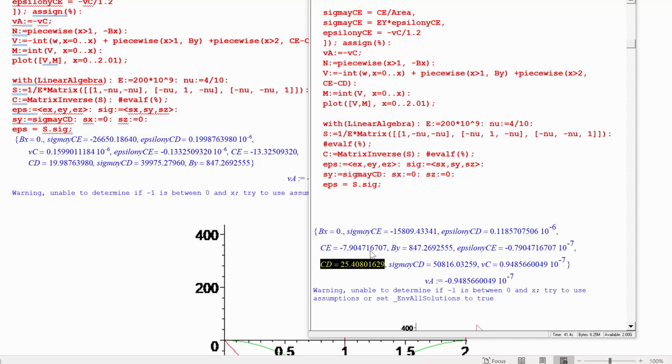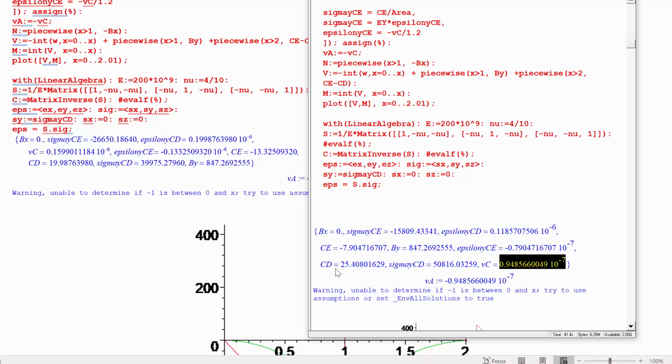So it moves less than it did before, having this 0.948 E minus 7 instead of 0.16 E minus 6. So we've moved a fair bit less than before, not quite half as much. So 0.94 instead of 1.6, but we've moved a fair bit less.